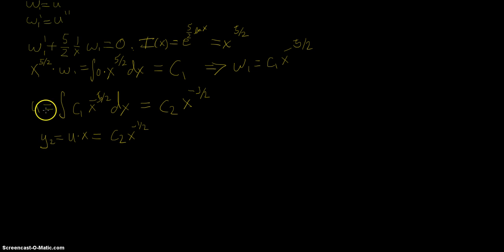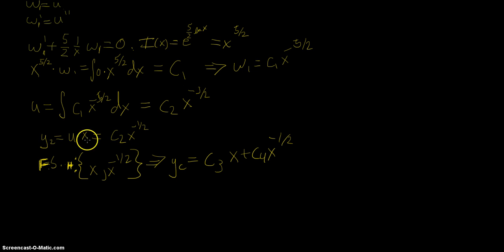So since u is this, y2 is u times x, as we set up here. So u times x is x times x to the negative 3 halves, which is x to the negative 1 half. Now y2, as we said, was a part of the complementary solution to the differential equation, that is the homogeneous version of it.